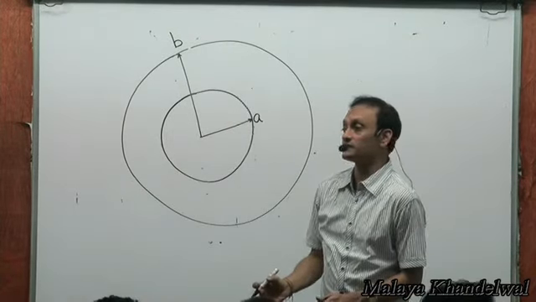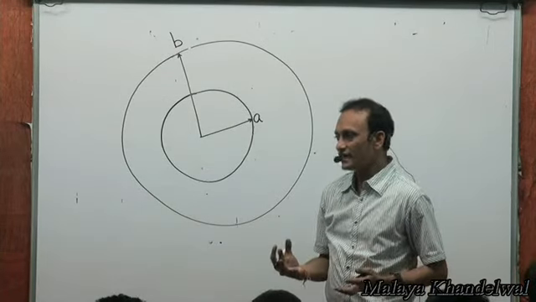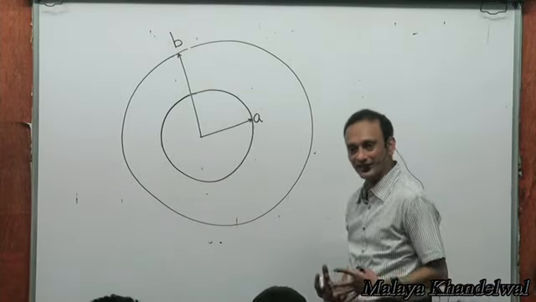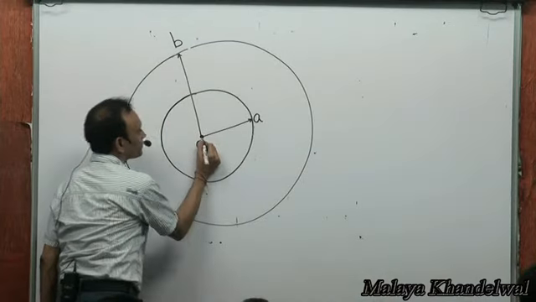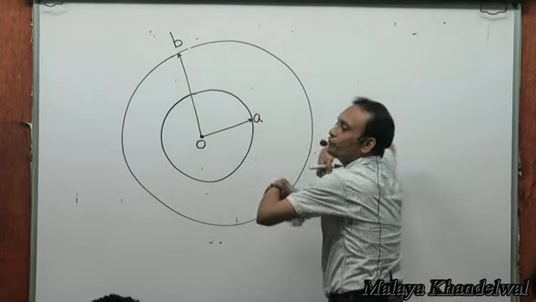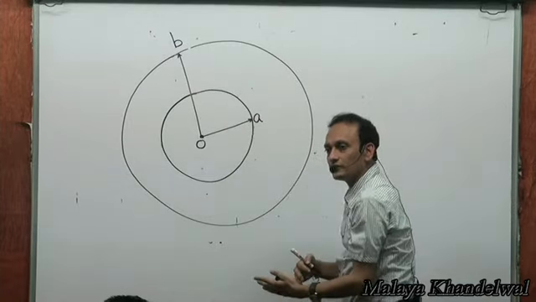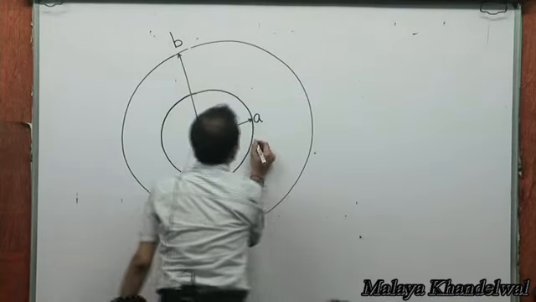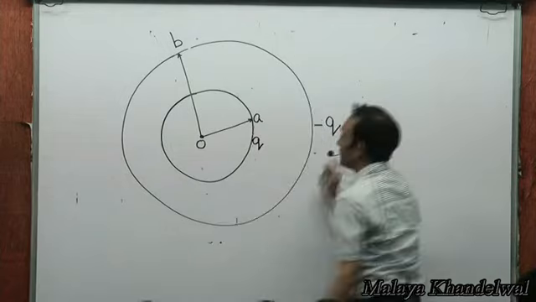Coaxial is for cylinders, concentric is for spheres. For shells, with a common center, we don't talk of a common axis. O is the center, and if the two are connected by a battery, one would gather charge Q, the other would gather charge minus Q, one at the expense of the other. It does not matter which one is plus Q.